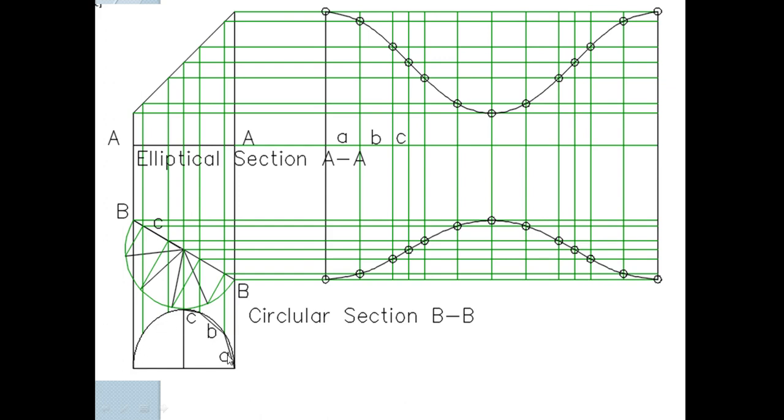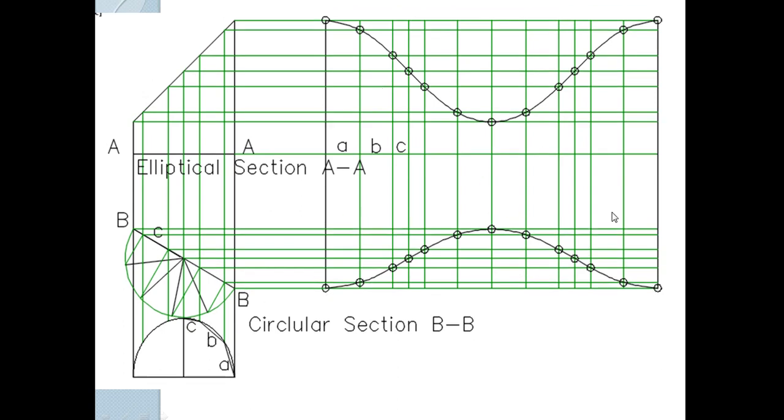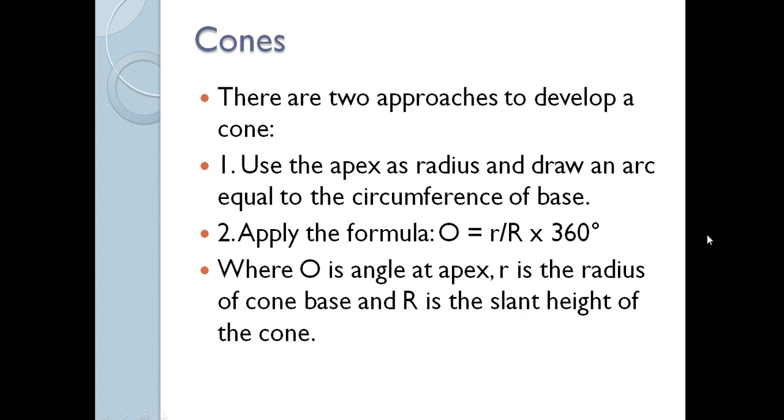We use the width of each individual piece to find the total length of the development. So you can see A, B, and C are based on the approximate length of each of the arc distances. Then you match the divisions as you go across to create the entire development.